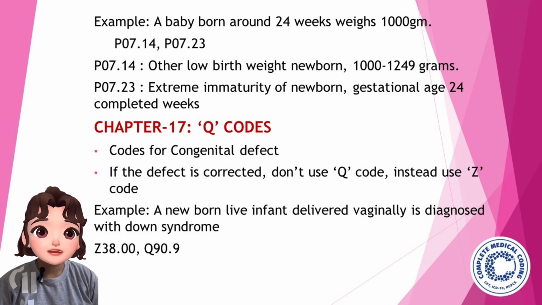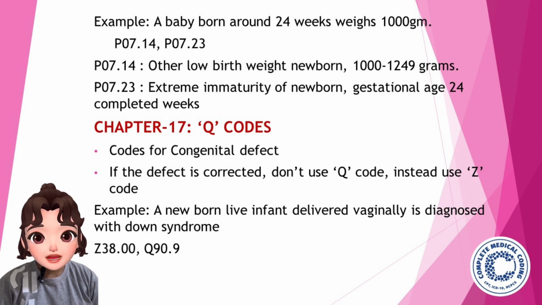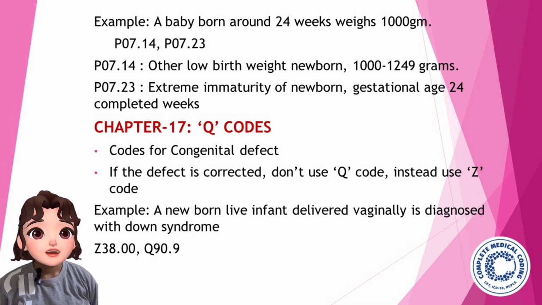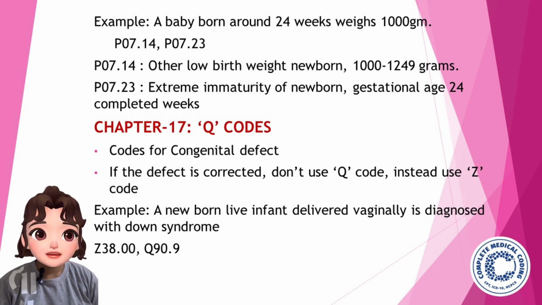P07.14 represents other low birth weight newborn, 1000 to 1249 grams. According to the birth weight, you will get the code. In our question it is 1000 gram, so you check for that code, the low birth weight code. Here it is P07.14.